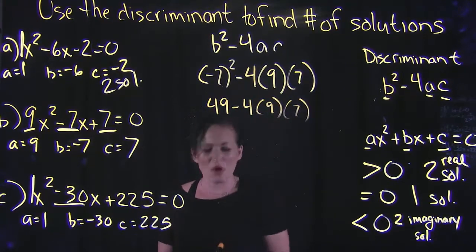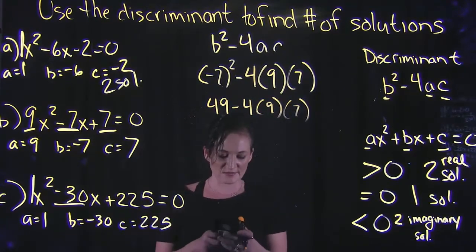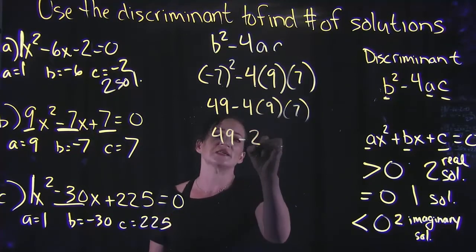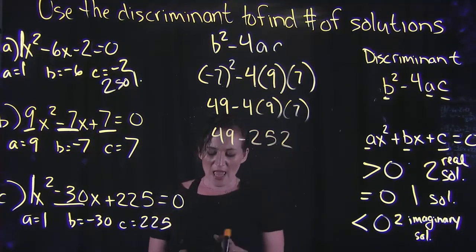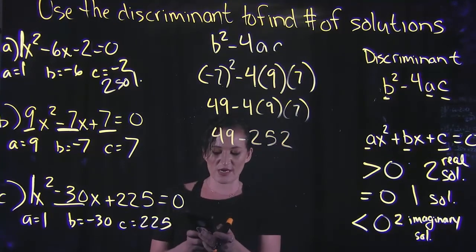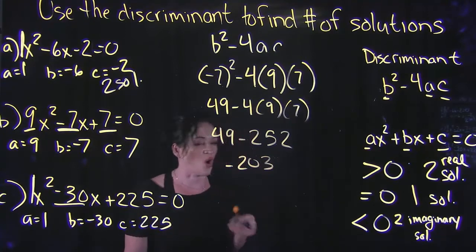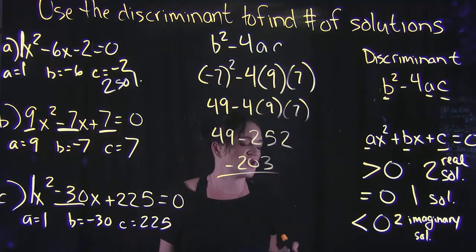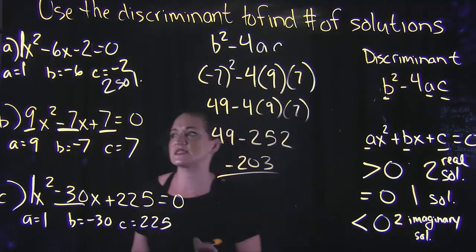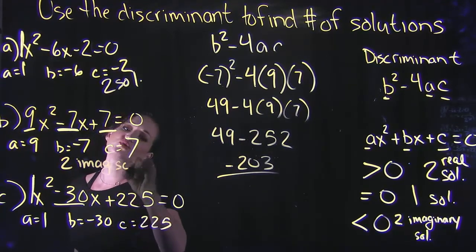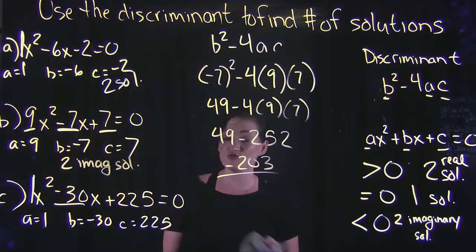And then we're going to do some multiplying. 4 times 9 times 7 is 252. And when we subtract, 49 minus 252, I'm getting -203. That is a negative number, and negative numbers are less than 0. So for example B, we are going to have two imaginary solutions.